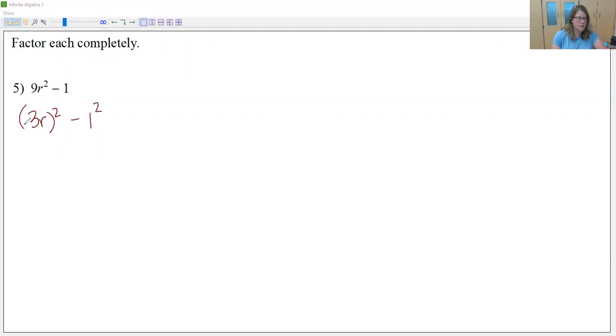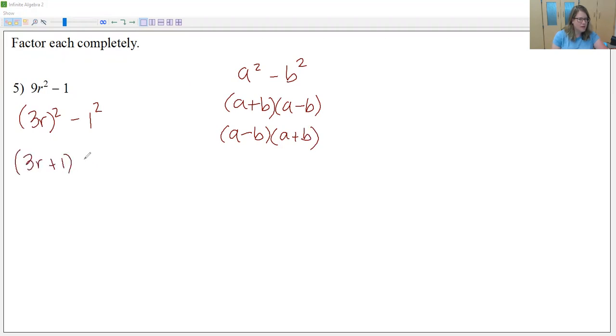So a is 3r and b is 1. When I had my general form of a squared minus b squared, that factors to a plus b times a minus b. By the way, it doesn't matter if I write it in the other order, it's still the same thing. So this is going to be 3r plus 1 times 3r minus 1, because I noticed that pattern of the difference of squares.